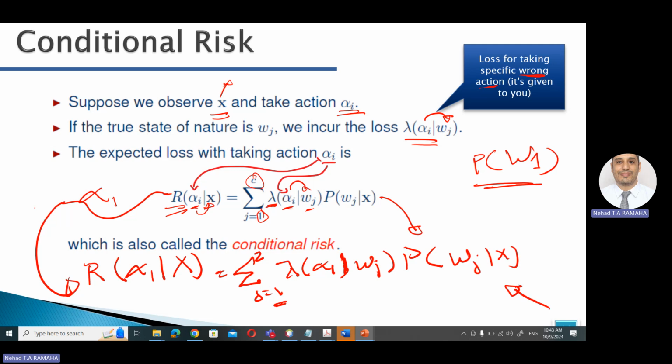Can we calculate this one? Yes. How to calculate it? First of all, lambda is given to you. So how many lambda here do we have? Because we have two classes, we have 2 lambda, which is lambda of alpha 1 with W1 and lambda of alpha 1 with W2.